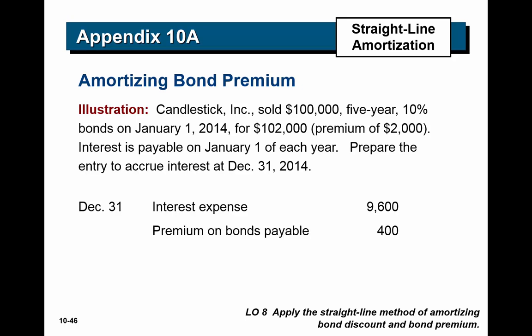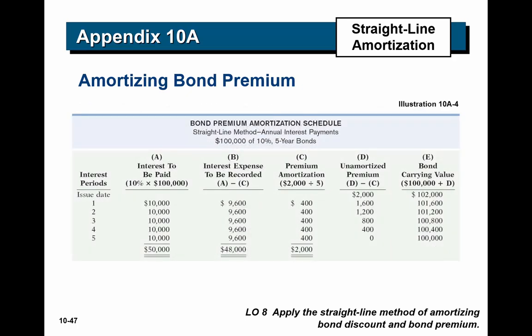Because they have a $400 premium on the bond that they're amortizing, and then they have to pay $10,000 in interest payable. This recognizes that it costs them $2,000 less over the life of the bond to borrow that money. So even though they're paying out $10,000 in interest, only $9,600 of it is expense. The other $400 is the portion of that premium that they've earned for that year.